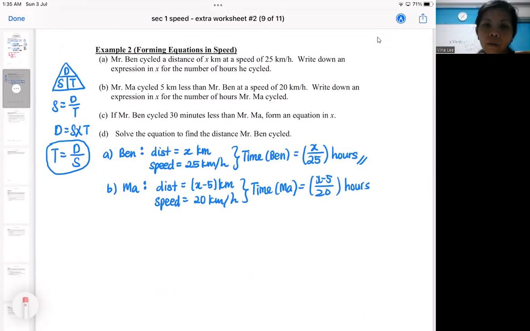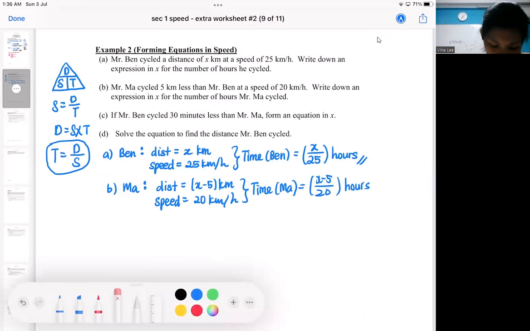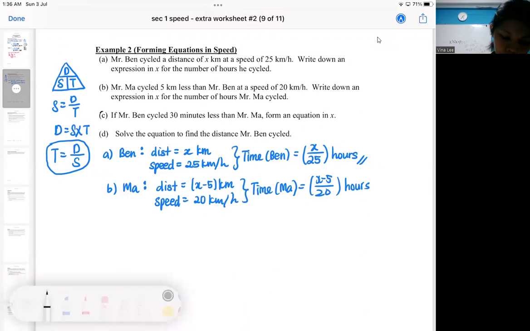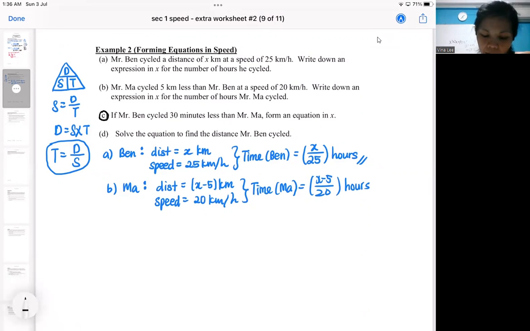So right now, they gave us the information to compare between Mr. Ben and Mr. Ma. Mr. Ben cycled 30 minutes less. That means he will take lesser time, and Mr. Ma will take a longer time.